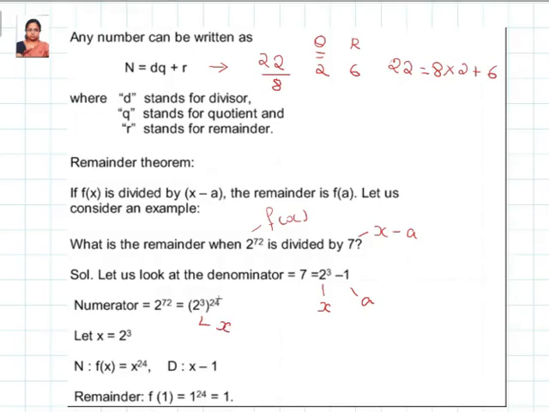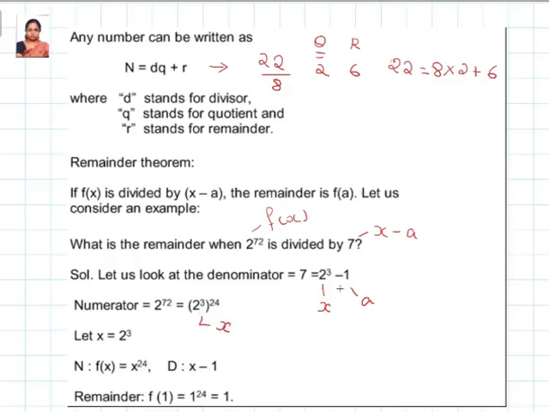So f of x is x power 24, because 2 power 72 is 2 power 3 to the power 24, and we replace 2 power 3 by x.